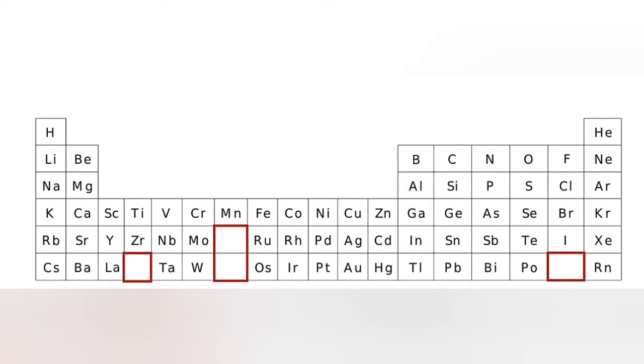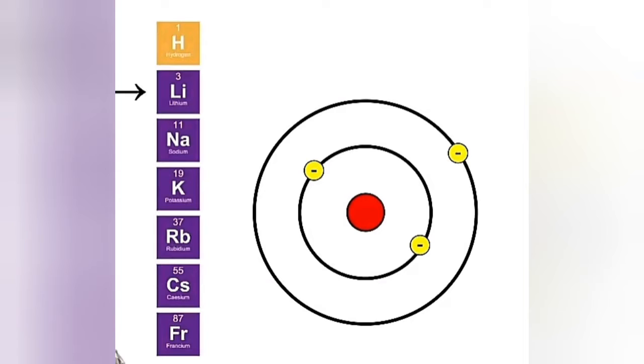It wasn't known at the time, but the reason elements in the same group behave similarly is that they have the same number of valence electrons. For example, look at group 1. These elements all have one valence electron, or one electron in their outermost shell.